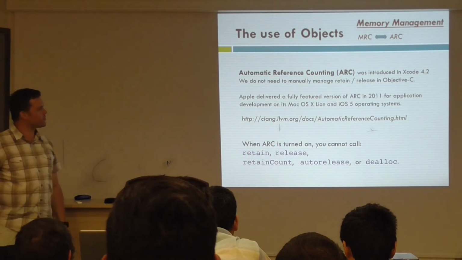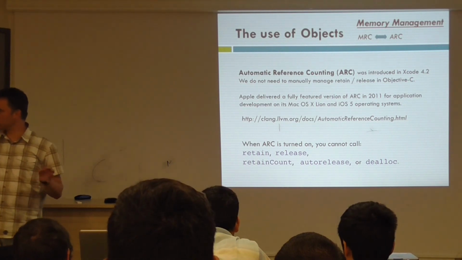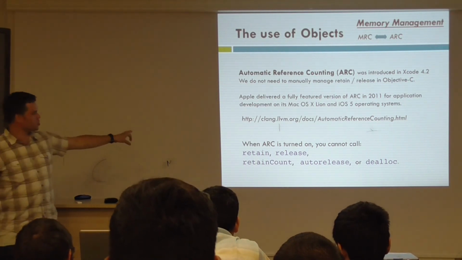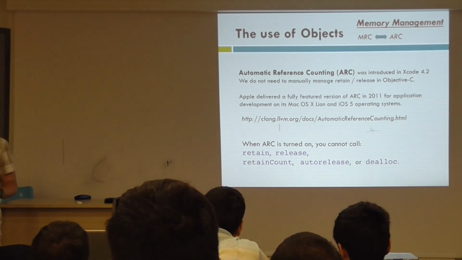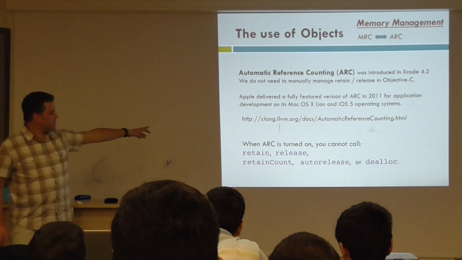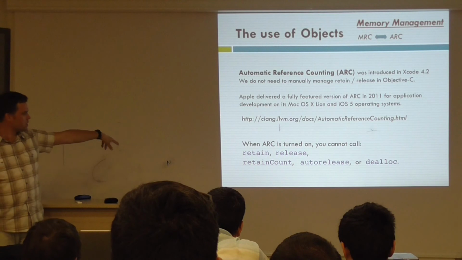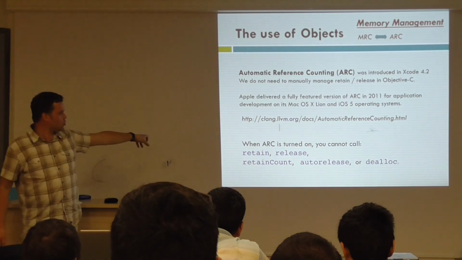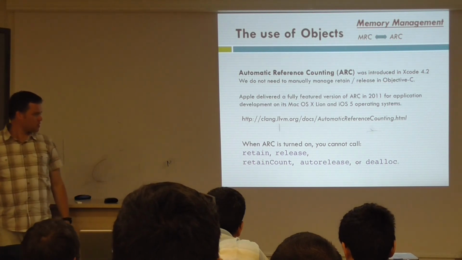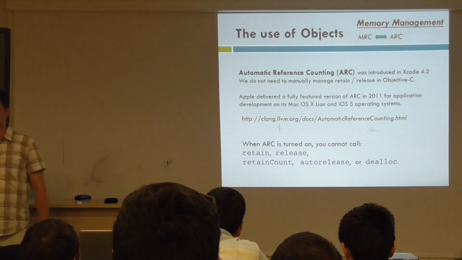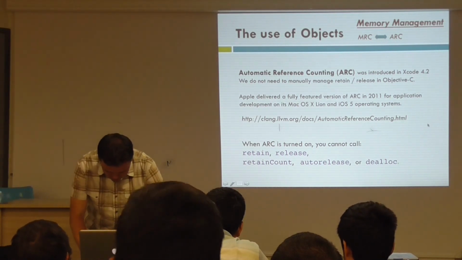ARC is automatic reference counting, and in our code I show that my idea is not to use this specific solution. It's good sometimes, sometimes not, it's up to you. But if ARC is turned on, as in my Xcode, you cannot call retain, release, retainCount, autorelease, or dealloc. Please compare.